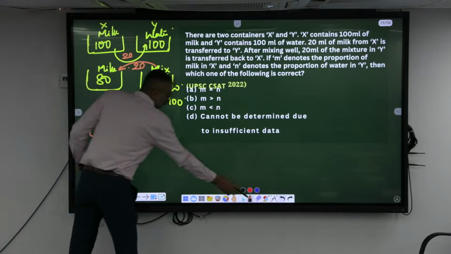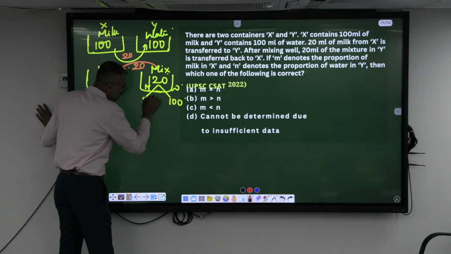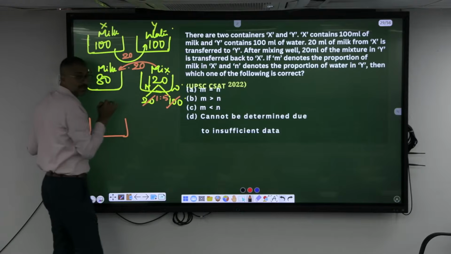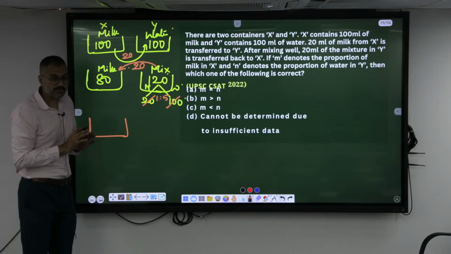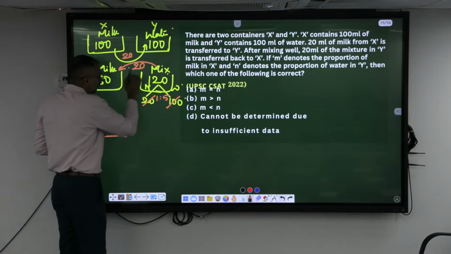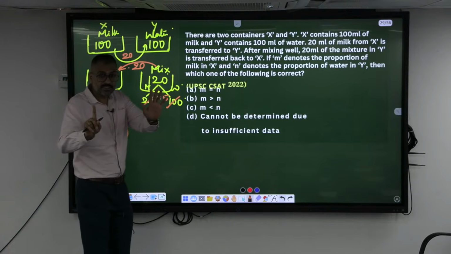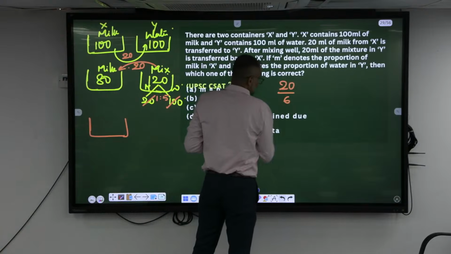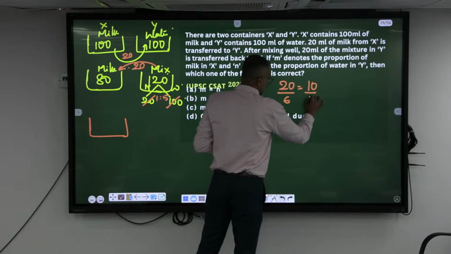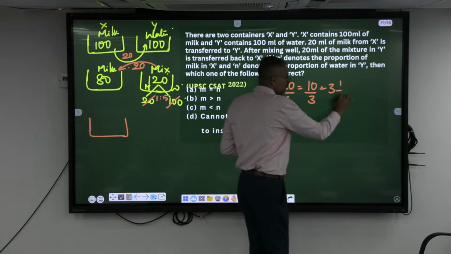The ratio of milk and water here is 1:5. Now if I divide 20 in the ratio 1:5, how many parts? 6 parts. 20 by 6 is nothing but 10 by 3. Can I write this as the mixed fraction 3 1/3?